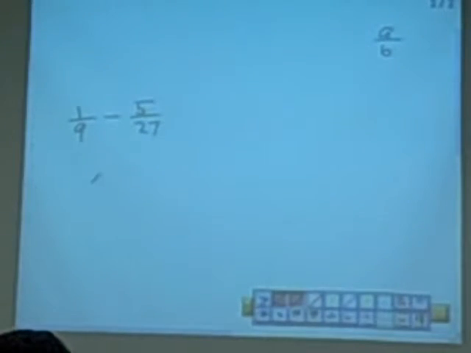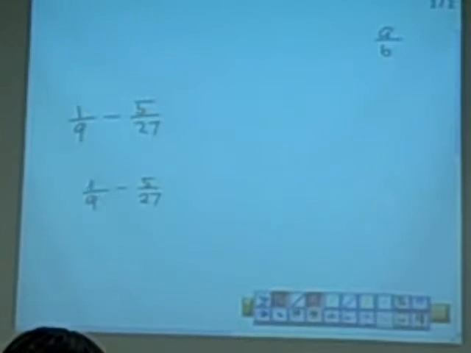Okay, so I'm going to rewrite that down here. Now, just like any fraction, we need to get a common what? Denominator, right? Well, can we multiply 9 times something to give us 27? Yeah, 3, right?